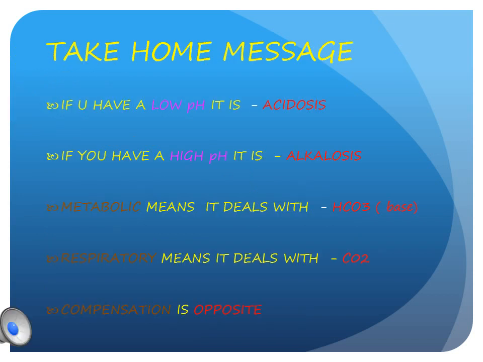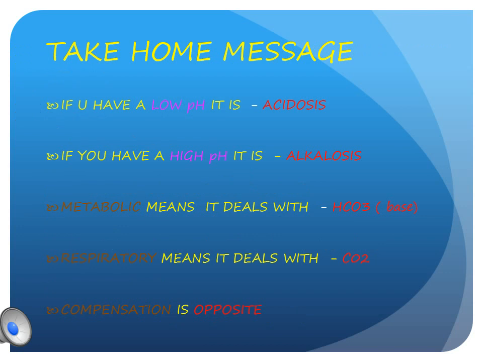So finally, the take-home message of this acid-base analysis and ABG interpretation. Point number 1, if you have a low pH, it is acidosis. Point number 2, if you see an ABG and you come across a high pH, it's an alkalosis.